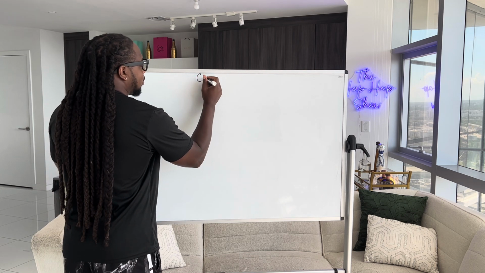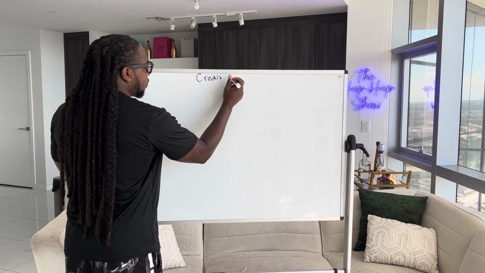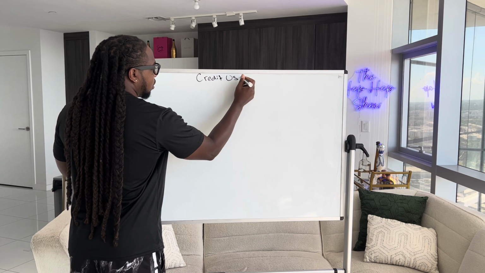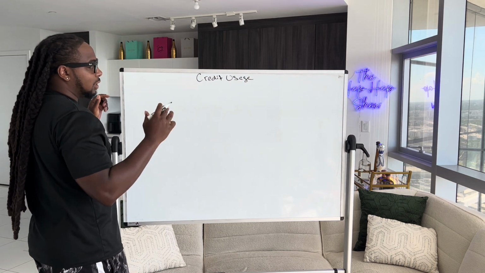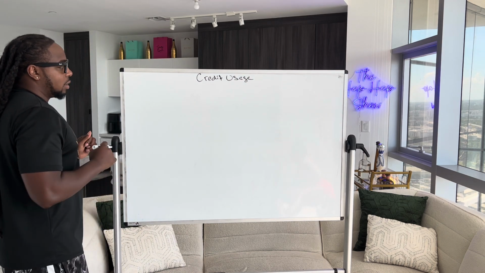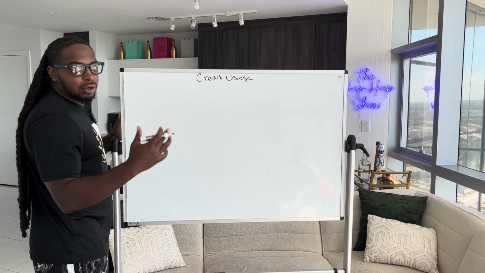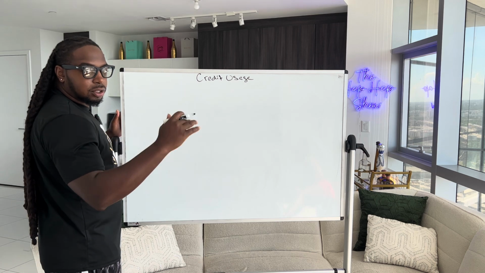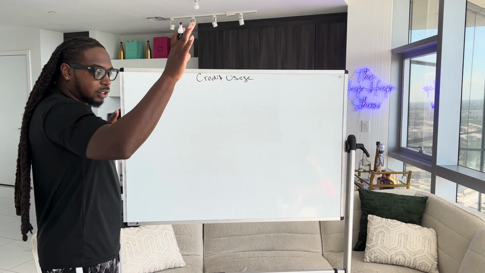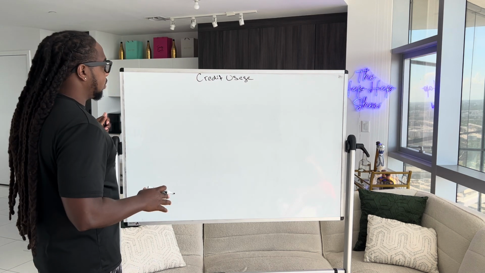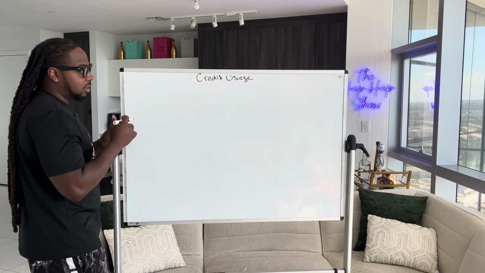All right, so we talking about credit usage, right? So I'm gonna break down what this means on your credit profile, okay? Now y'all know I like to use Experian.com, and when we go to Experian.com, you go to reports and scores, you go to credit reports, and the first thing you're gonna see is a circle that show your percentages. And it's broke down into two things.